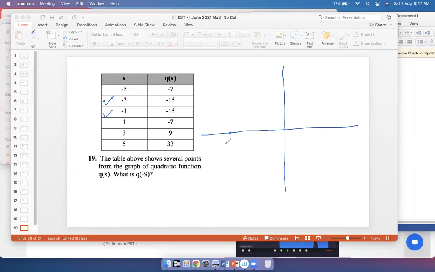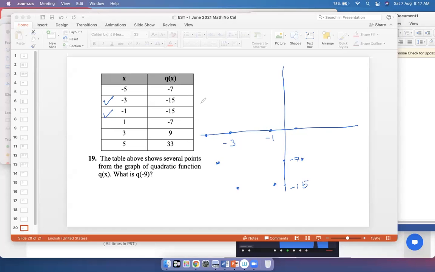q of negative 3 and q of negative 1 are both, let's say this is negative 15. So they are both this. And q of negative 5 and q of 1 are also the same, let's say this is negative 7. So this and this, right?